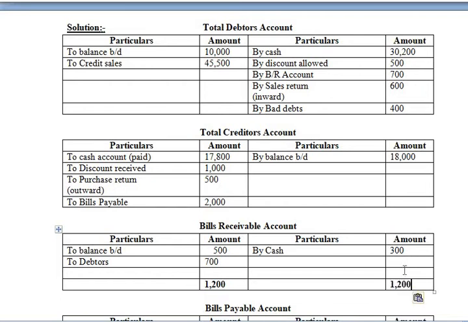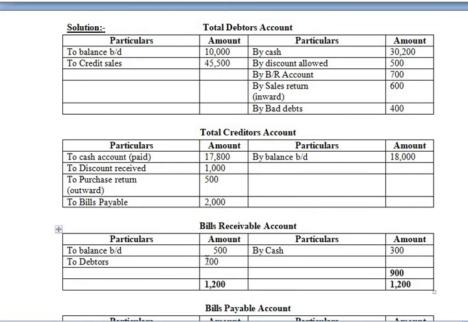What will be the balance? 1200 minus 300, which is nothing but 900 rupees. What will you write in front of this? We have got the opening balance, now we are getting the closing balance of bills receivable. So this is nothing but the balance to be carried down.